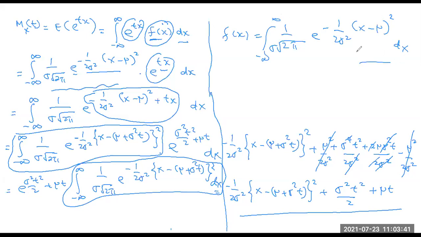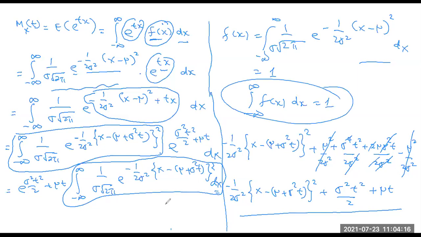So that's a PDF, and when you integrate it, it gives us 1. This is the PDF of a normal random variable with mean mu plus sigma squared t. The integral from the lower limit to the upper limit of a PDF with respect to x is equal to 1, so the whole of that term will give us 1 when you integrate.